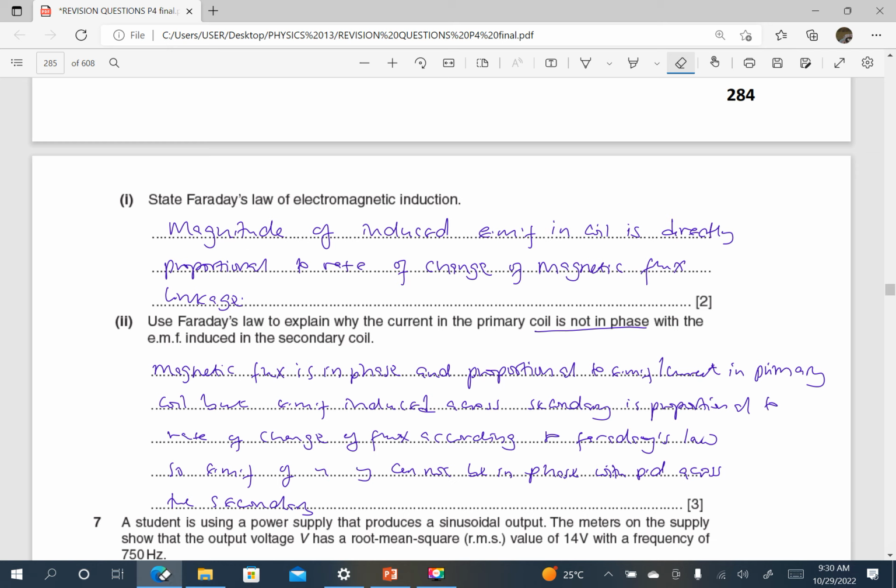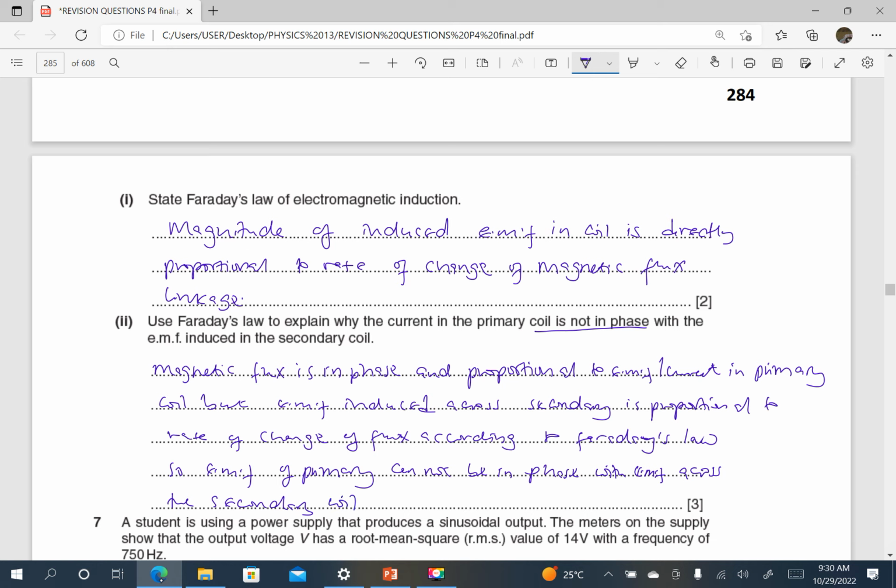Let me just say the EMF, because here they said why the current in the primary coil. So I'll say the EMF of the primary cannot be in phase with the EMF across the secondary coil.